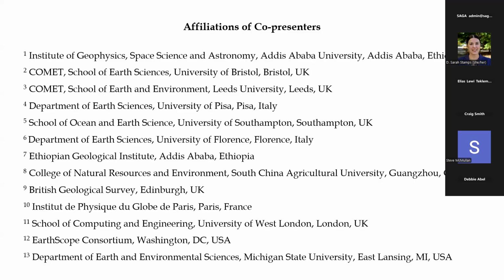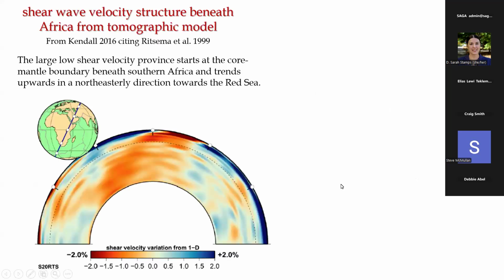They are affiliated with about 13 institutions worldwide, so it is a work between many researchers. Do you see my slides properly? Actually, mine has gone white. Oh, there you are. Okay. Mine was white. You can see it? Excellent.